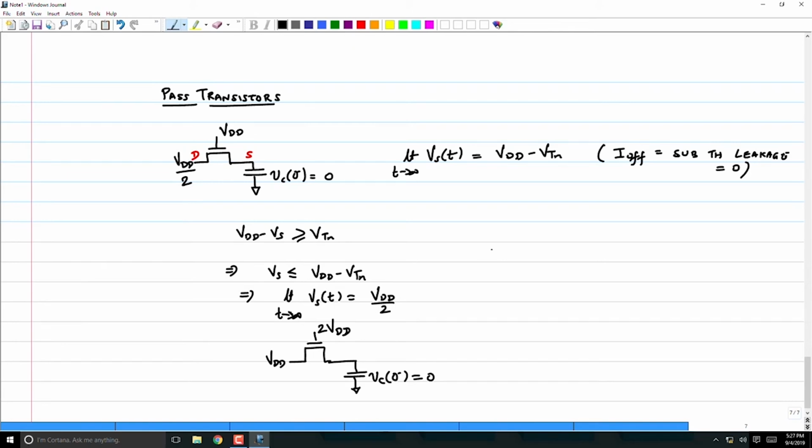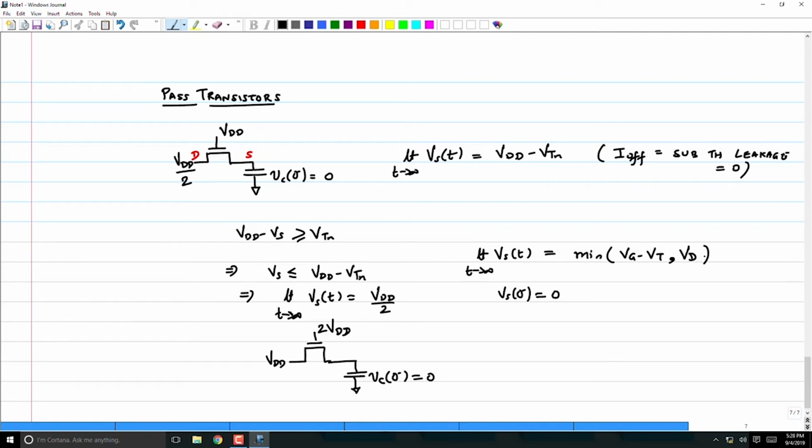So how do you combine these two things? You can say that Vs of t, limit t tends to infinity, assuming that Vs of 0 minus equal to 0, okay, will go to min of Vg minus Vt, comma Vd.